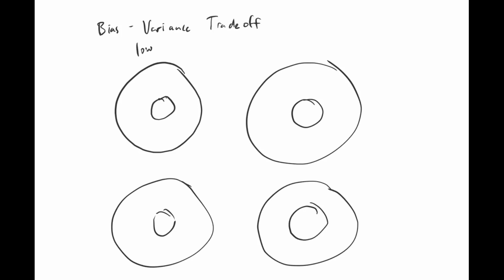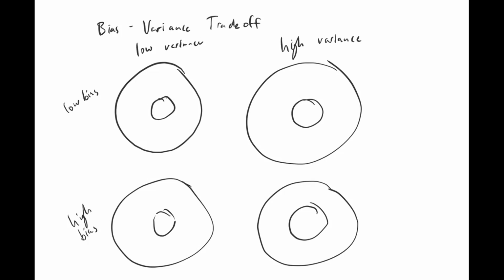You can have low variance, low bias, high bias with low variance, low bias with high variance, and high bias with high variance. And you may have seen something like this to describe the difference between accuracy and precision. So it's a very similar concept.